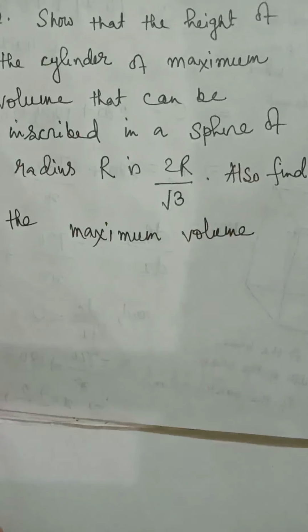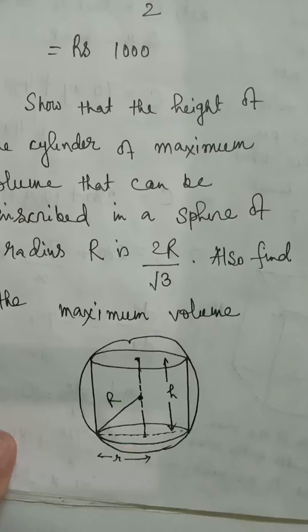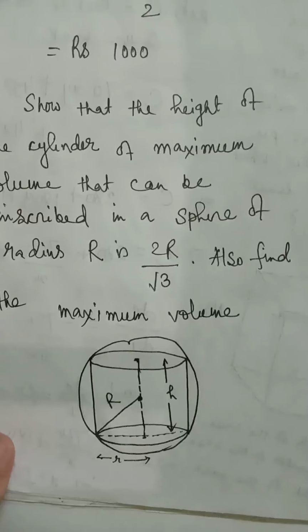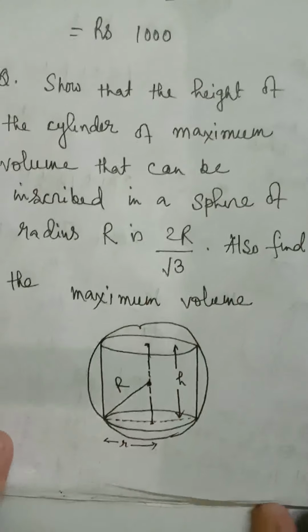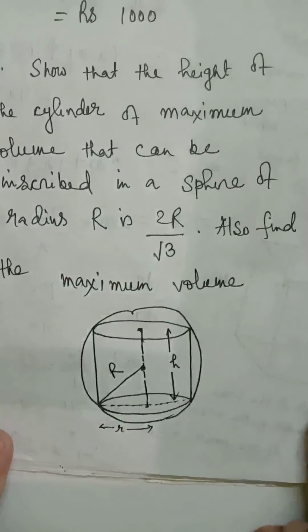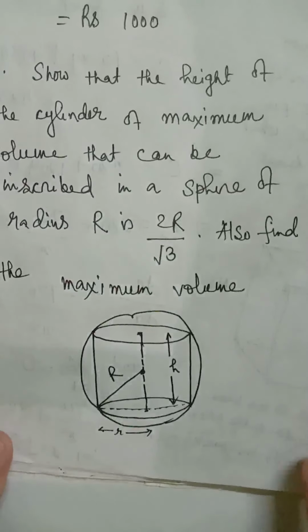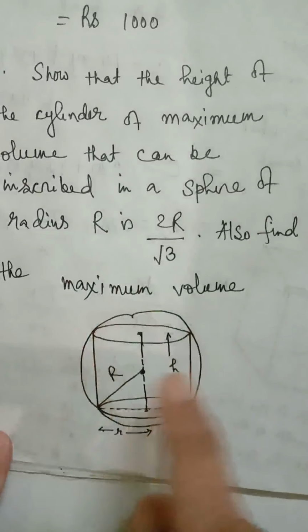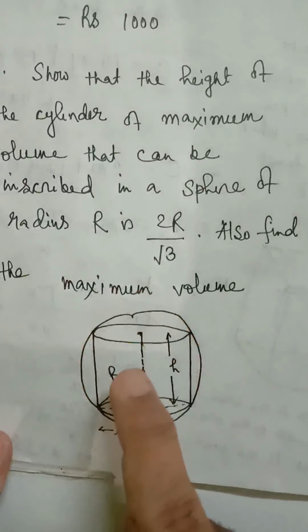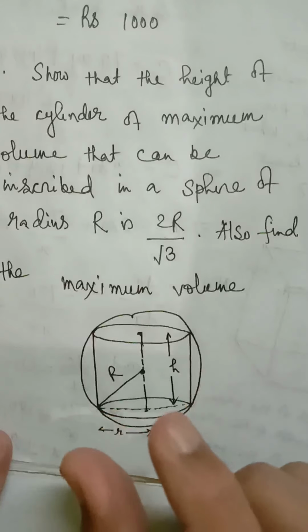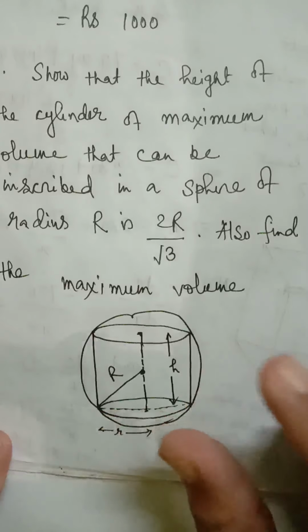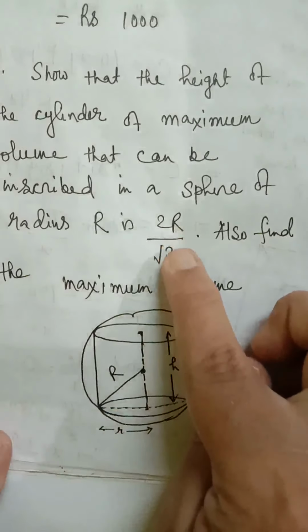Let us draw a rough figure of this. Here I have drawn one cylinder inside the given sphere of radius R. What we have to prove? If we draw different cylinders inside a sphere of radius R, the largest cylinder, that is the cylinder whose volume is maximum, will be of height 2R by root 3.